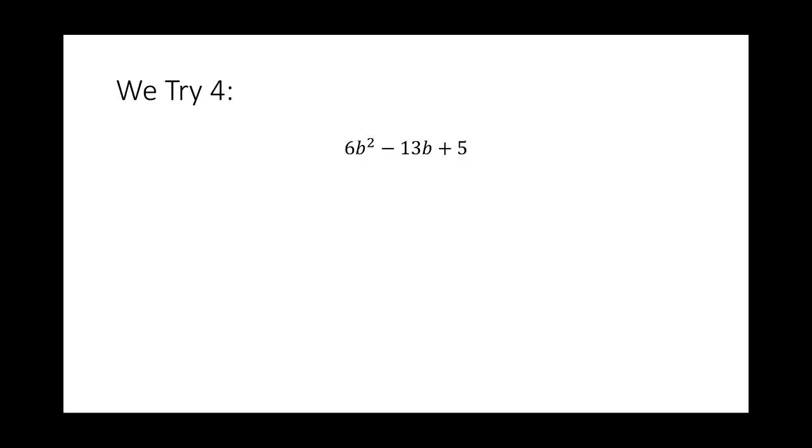Okay, let's try this one together. This 6b squared minus 13b plus 5 is a little trickier because we can factor this as a 6b and a b, or 2b times 3b to get 6b squared. This 5 can be either 1 and positive 5 or negative 1 and negative 5.